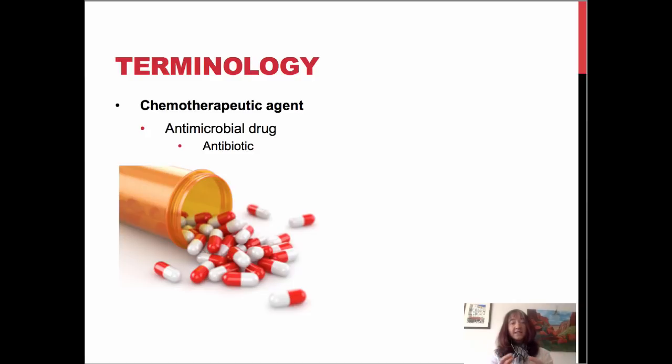Now, this is the natural world where we're seeing how antibiotics are produced naturally, but we saw nature's good idea and we began extracting antibiotics, things like penicillin, from things like Penicillium chrysogenum, which is a mold. However, once we saw nature's good idea, we thought, hey, nature, good job, but we can do even more.